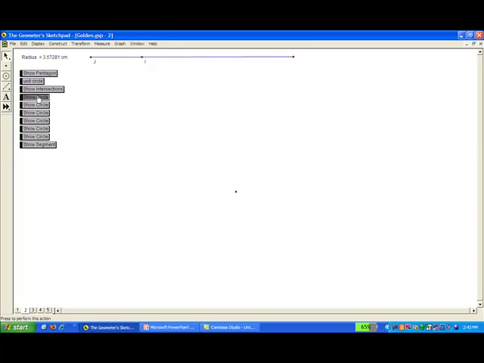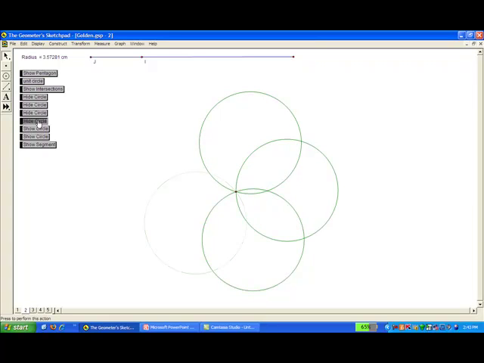Let's take a look at this. We start with a point, and we make 5 circles around this point that are spaced evenly about it, like this. And then we look at the intersections formed.